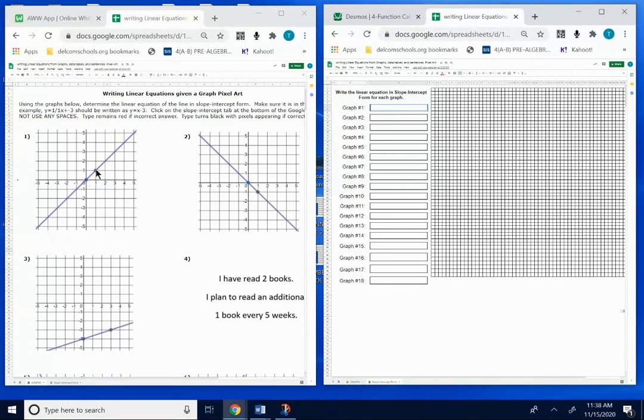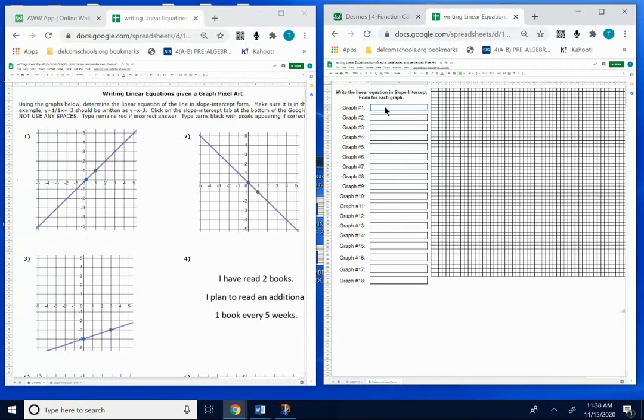So graph 1, the y-intercept is 0. The slope is up 1 over 1. So your equation would be y equals 1x plus 0. You'll go over here and type it. It won't do the right thing if you type in y equals 1x plus 0.